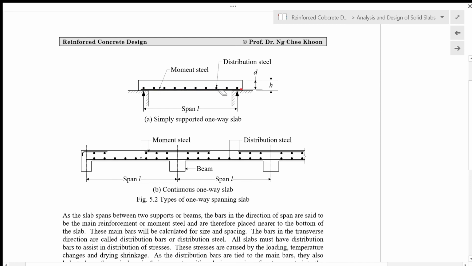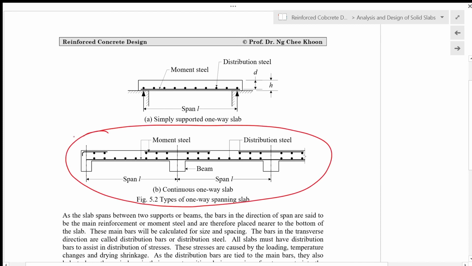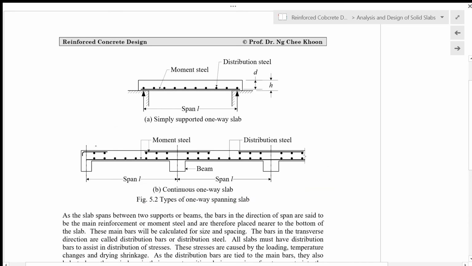The second illustration shows the reinforcement for a continuous one-way slab. These beams form the support for the slab, and we have positive bending moment near the middle of the span of the slab, and negative bending moment at the support.